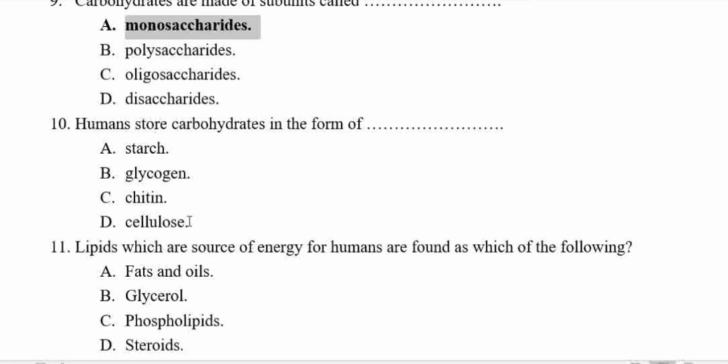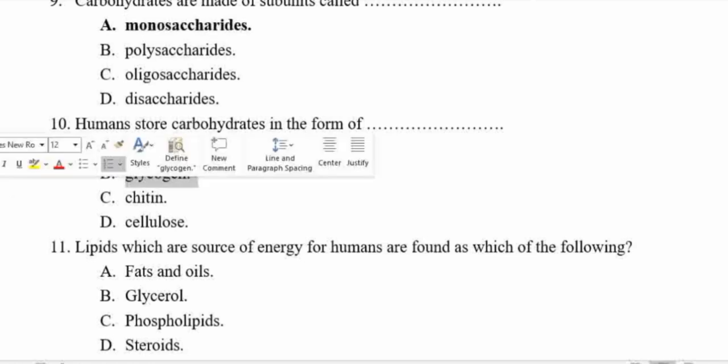Cellulose is usually found in the cell walls of plants. We normally say that plant cells are different from animal cells because they have a cell wall made up predominantly of cellulose. Then chitin, we normally find it in the exoskeleton of insects, for example.